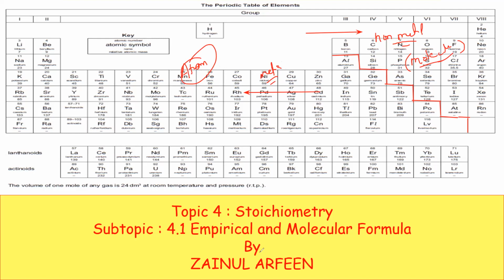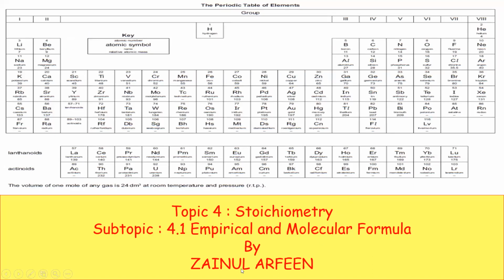So if I say write a symbol for chlorine gas, first thing you will do is check the position of the chlorine. As you can see, chlorine is on the right hand side.